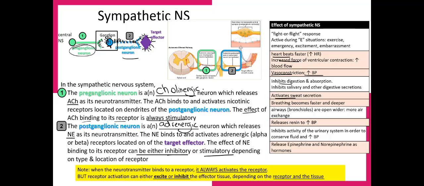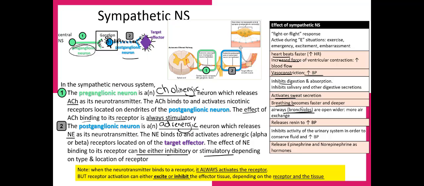It activates sweat secretion, causes breathing to be faster and deeper in order to get more oxygen in and to get rid of the CO2 that your body produces. It relaxes the smooth muscle in the bronchioles to make it open wider so that more air can go in. And so you can see here in some places it has an inhibitory effect, like the bronchioles.